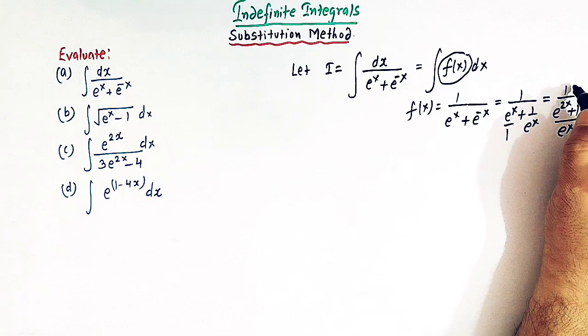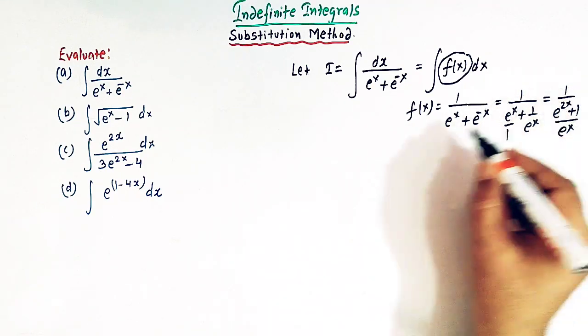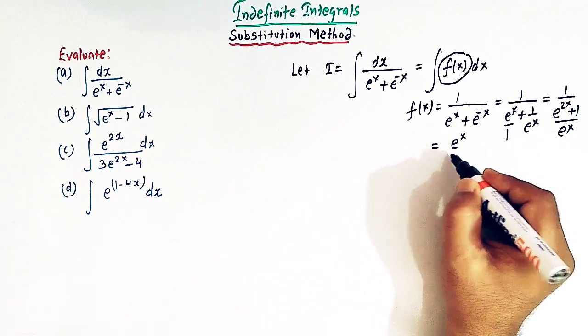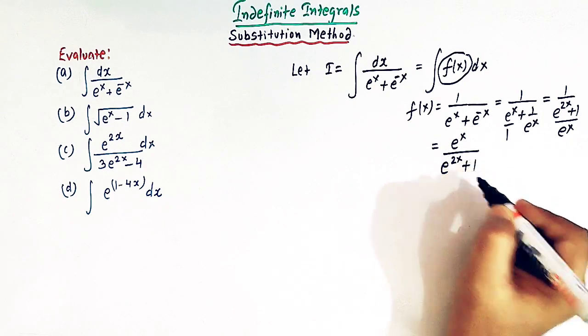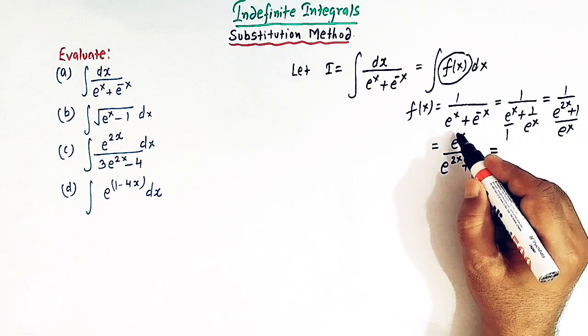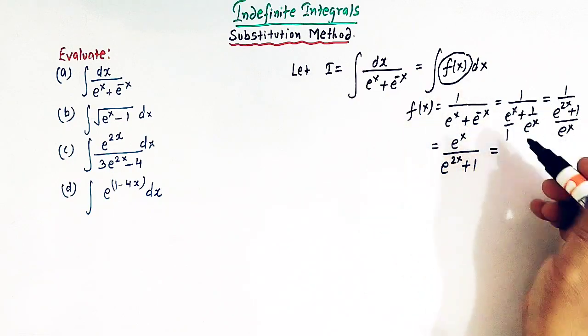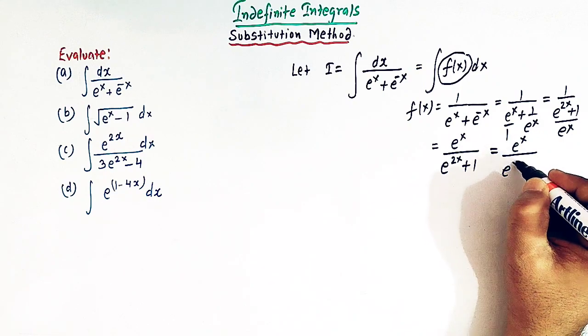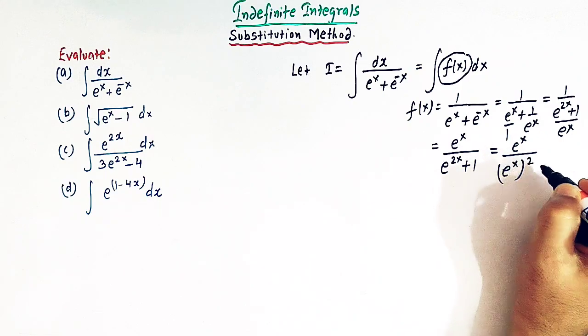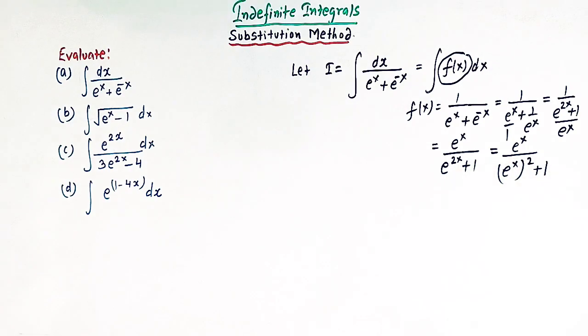Now we can take e raised to x to the numerator. So we have e raised to x over e raised to 2x plus 1. Now let us visualize this function like this, that is e raised to x, and then e raised to x squared plus 1.